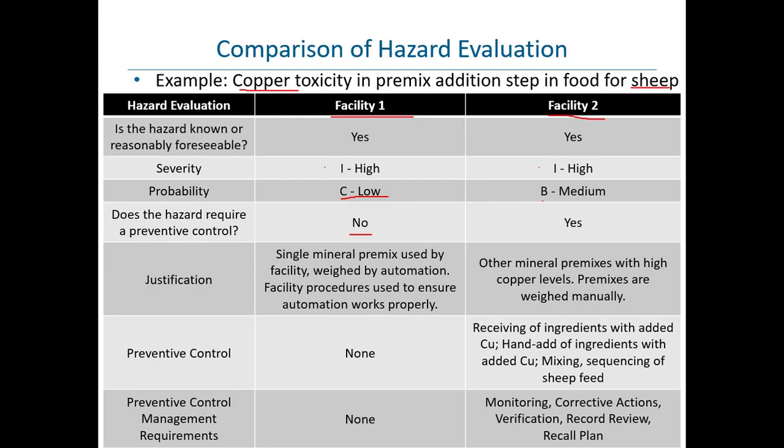Facility number 2, their probability was medium, and so they had to say yes, they are going to put a preventive control in place. Take a look at the other information on this table and see if you can figure out why. Why was facility number 1 able to decrease the probability to a low category and not have a preventive control in place?